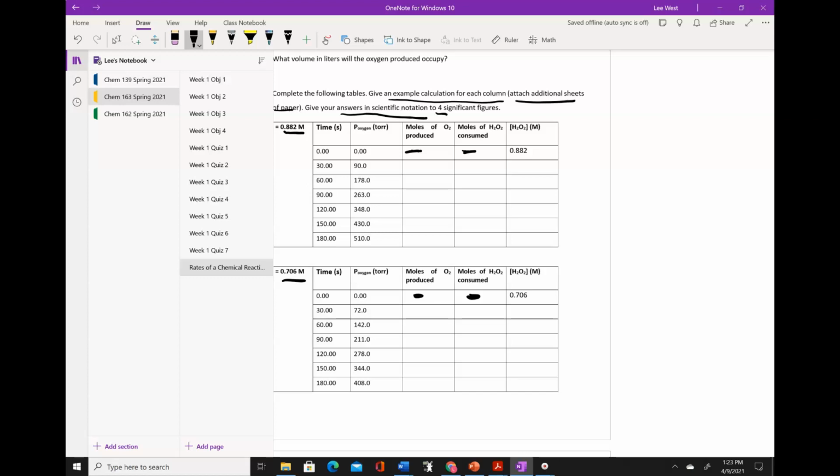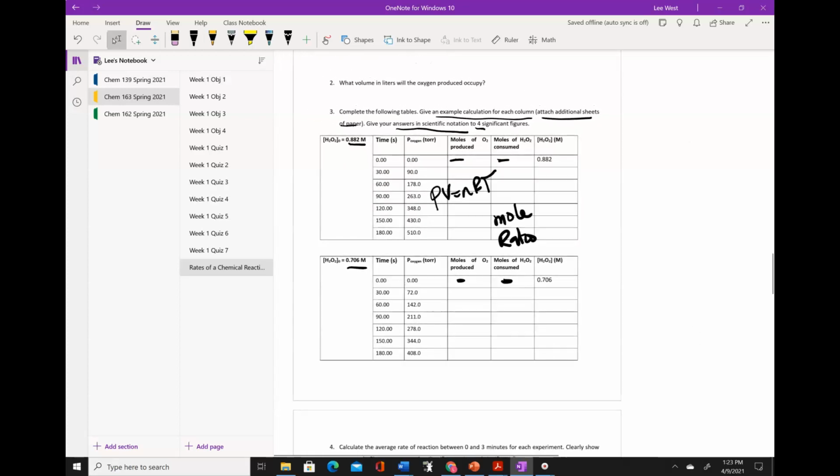So as the reaction progresses for 30 seconds, some O2 will be produced. And how we're going to calculate how much O2 produced, we're going to use PV equals nRT, okay? Then once we've got the moles of O2 produced, we're going to use the mole ratio from our balanced chemical equation to calculate how many moles of H2O2 were consumed.